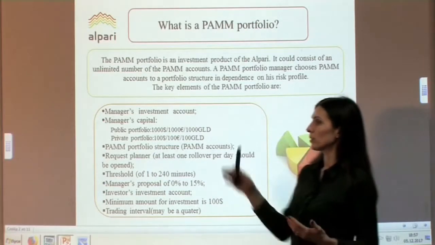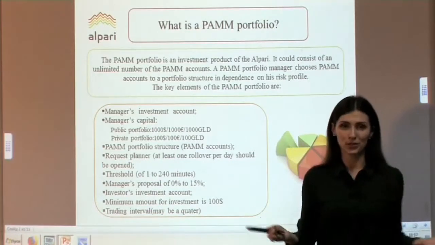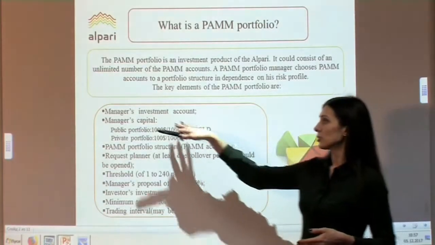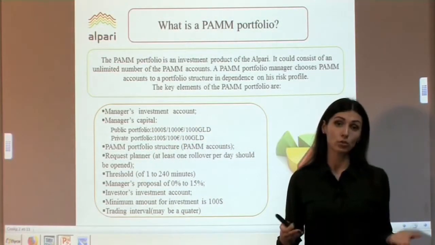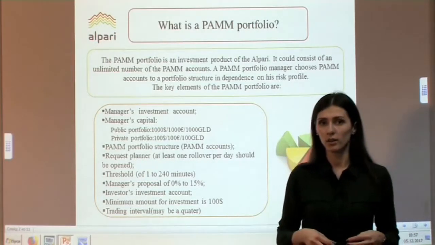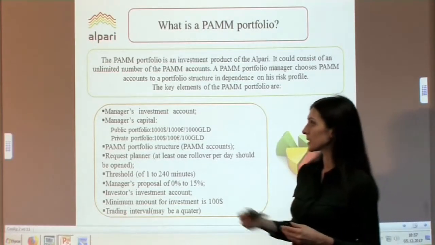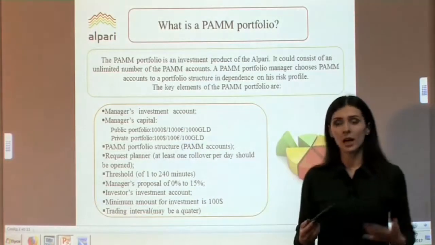Each PAMM portfolio begins with the manager's investment account, where all funds of the manager are allocated. The manager's investment account is based on the manager's capital. This is a non-withdrawable balance that can be removed only after liquidation of a PAMM portfolio. The manager's capital is different and depends on the type of PAMM portfolio.